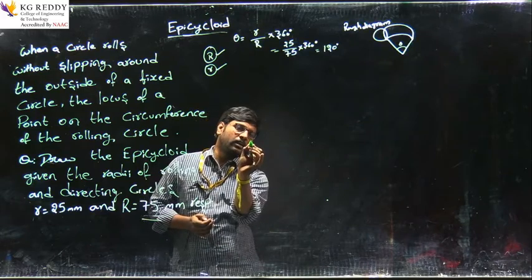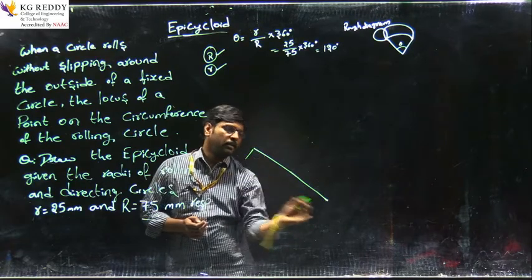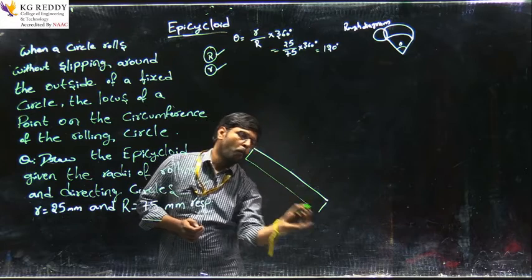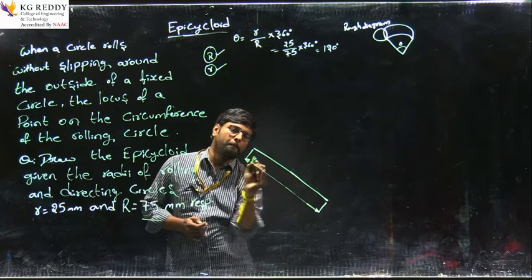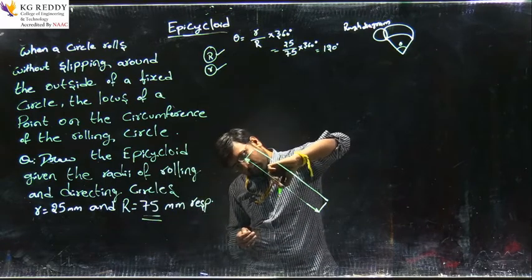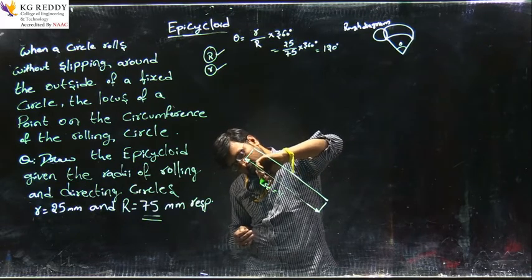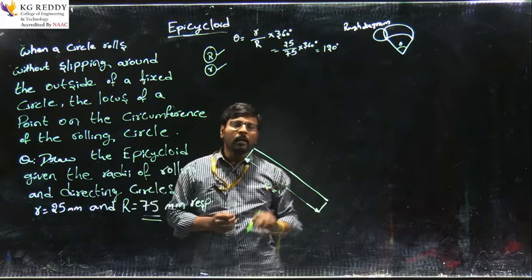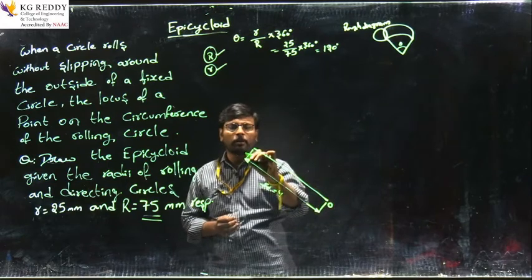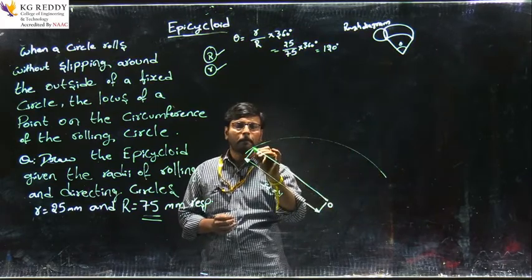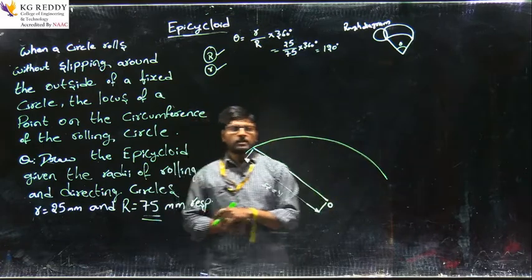I am taking a radius of 75, with the dimension lines, the value of capital R equal to 75. Here is the center O. From here we draw an arc, and that is the directing circle.